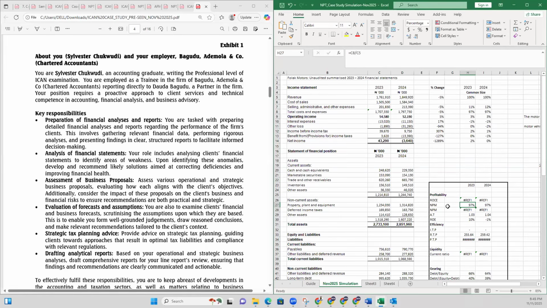So in this case, you might want to compute 3 ratios. Net profit margin. I'm creating ratios for you now. So I can compute return on capital employed, net profit margin, and net income margin.